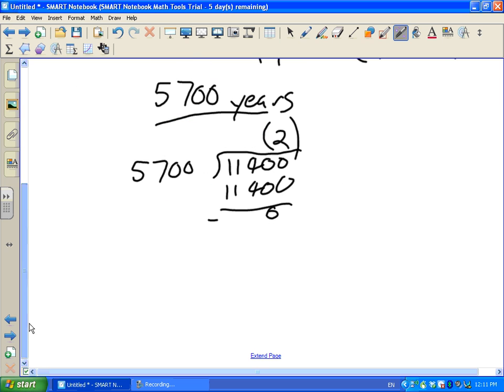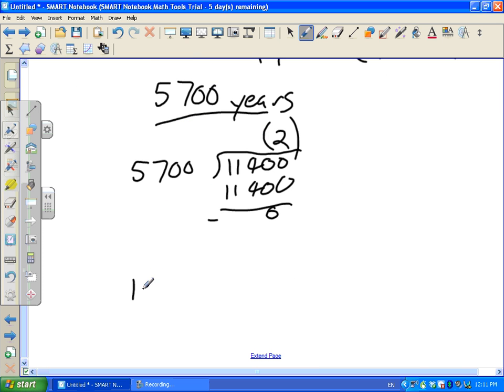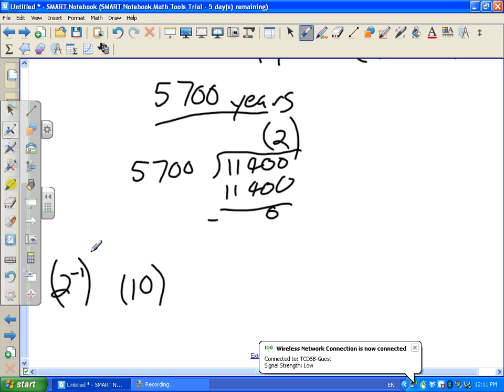So let's try to set up this question. I have 10 grams of carbon-14, and I know it decays at a rate of a half. We're going to be multiplying 2 to the negative 1, and there are 2 cycles of it. 2 to the negative 1, we're going to change into our fraction.